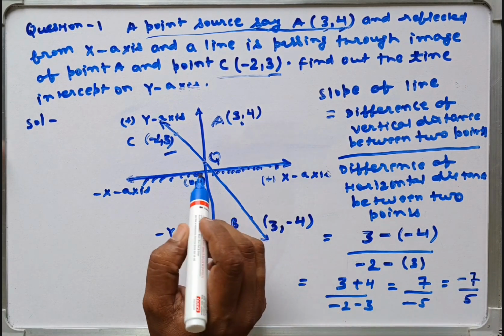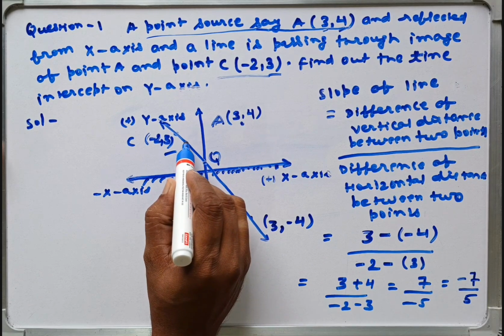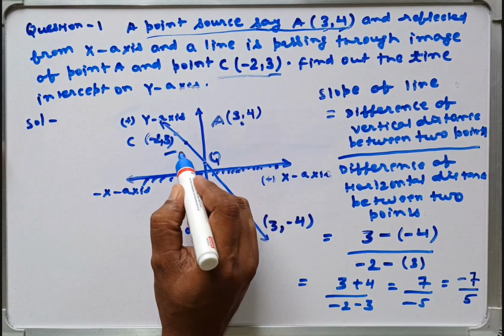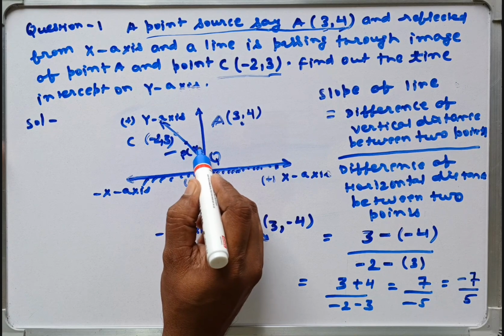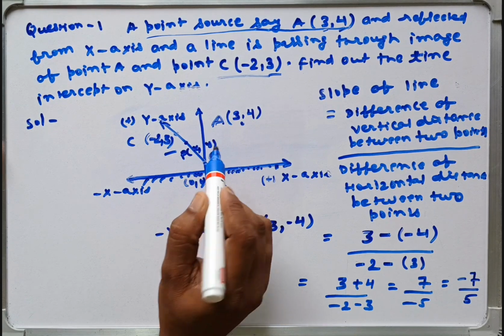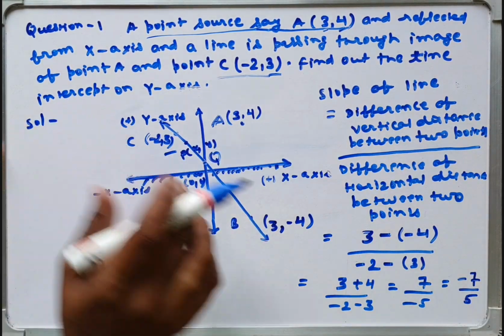Suppose another point, say P, whose coordinate is (x, y), lies on this line.